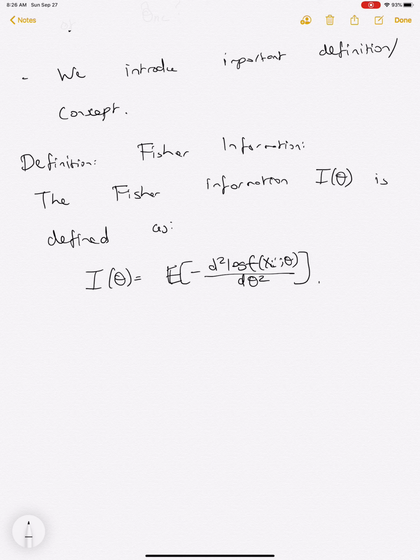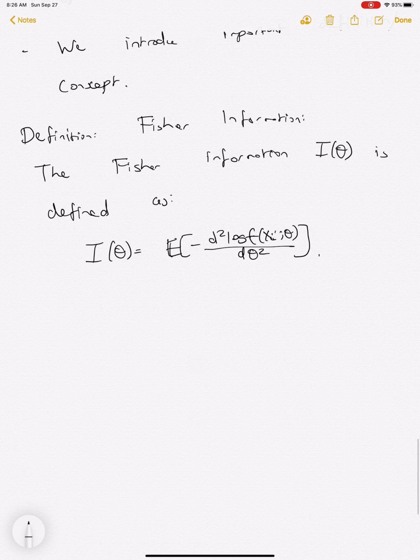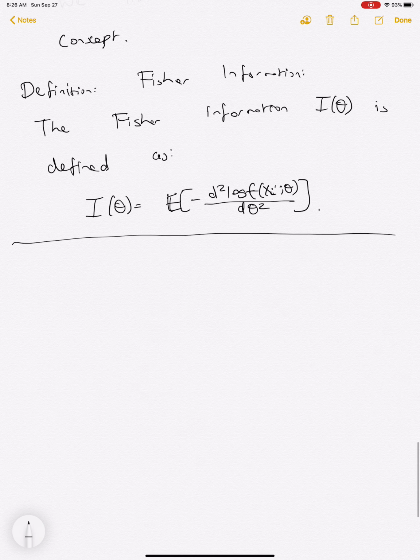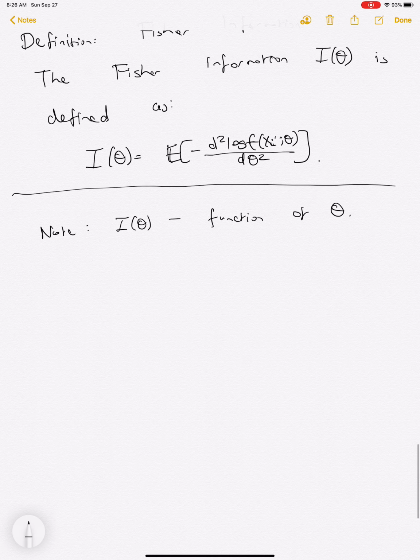So I have theta here. Let's try to unpack this a little bit. Note that I of theta is just a function of theta. And so what are we doing here?